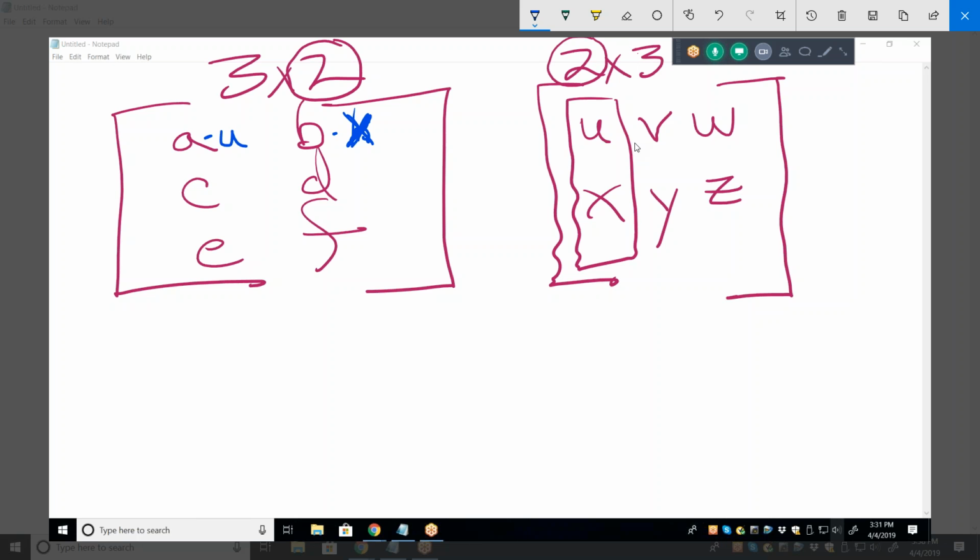And then you take the second column, and you lift it up off the page, and you rotate it 90 degrees left, and you multiply it by the second row. Then you take the third column and you do the same thing.